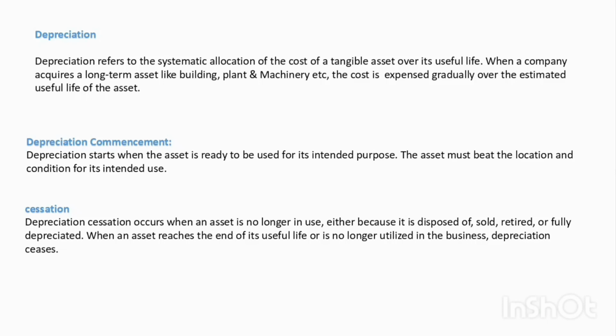When an asset is retired or fully depreciated, in such instances, the asset will no longer be depreciated. Depreciation ceases when an asset reaches the end of its useful life or is no longer utilized in the business.